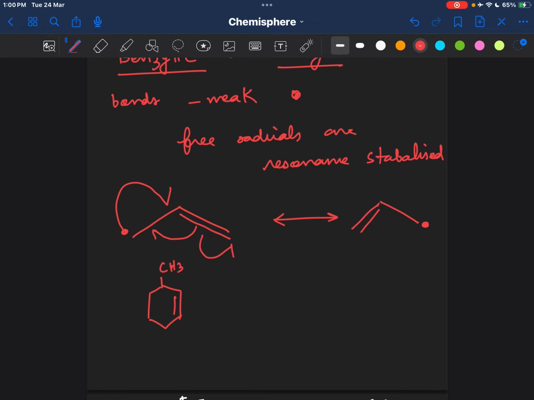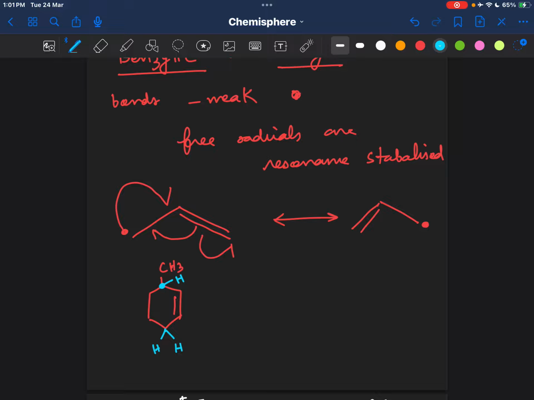So here we can see that there are allylic positions, because this is a double bond and this is a carbon, and this H is one of the allylic hydrogens. This is a double bond, this is a carbon, and this H is one of the allylic positions. Okay, so this is one allylic hydrogen, these are other allylic hydrogens, right?